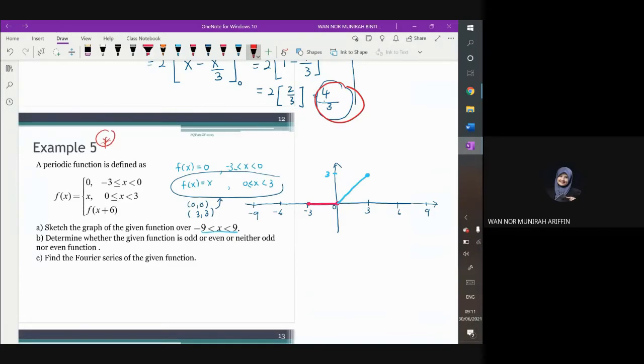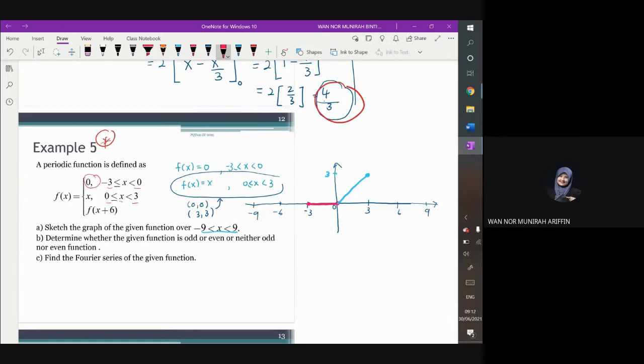Okay, class, we continue to the next example. The periodic function is given by f(x) = 0 from -3 to 0, and f(x) = x from 0 to 3.